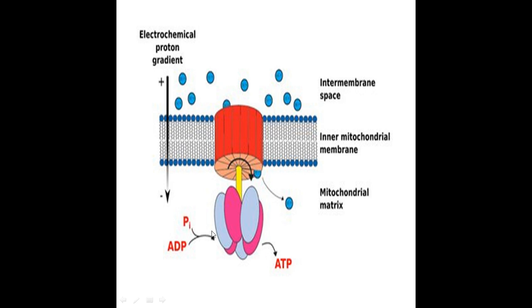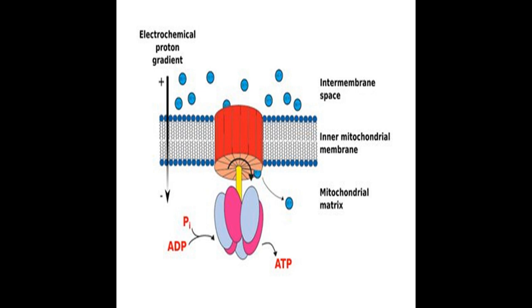That is the oxidative phosphorylation. The inner membrane is where the transport of electrons occurs, and the intermembrane space, which is the space between the inner mitochondrial membrane and the outer mitochondrial membrane, is where the protons are pumped. This gradient is what the ATP synthase uses to synthesize ATP molecules through oxidative phosphorylation.